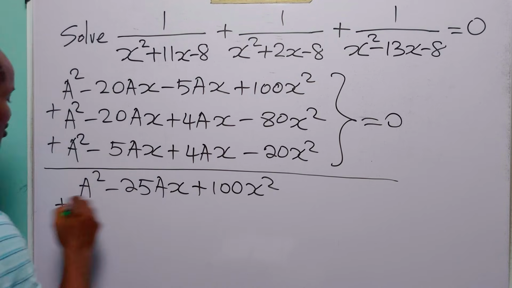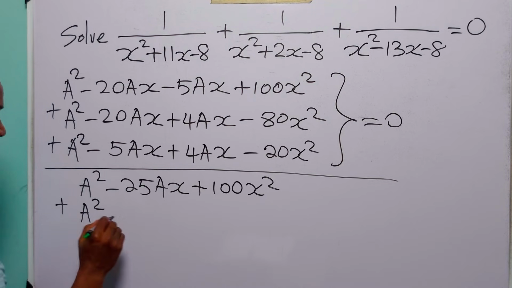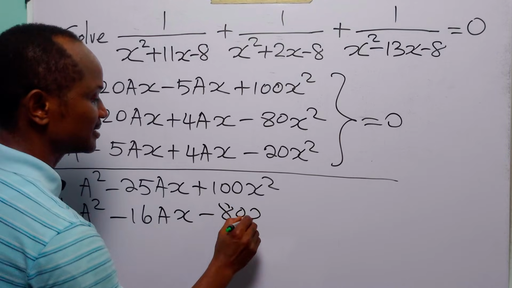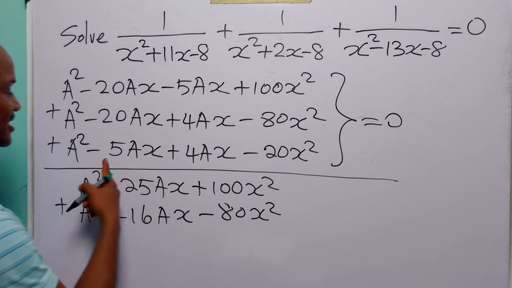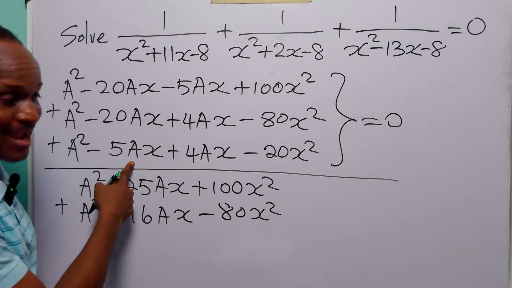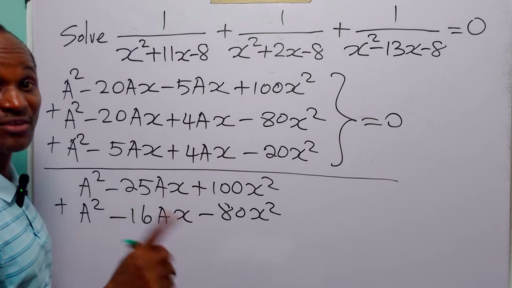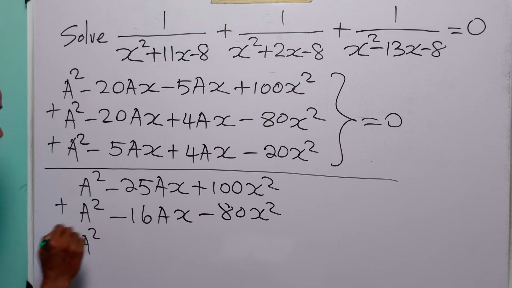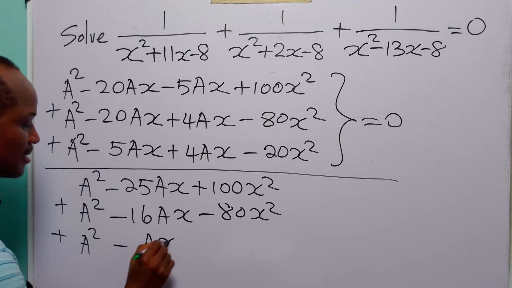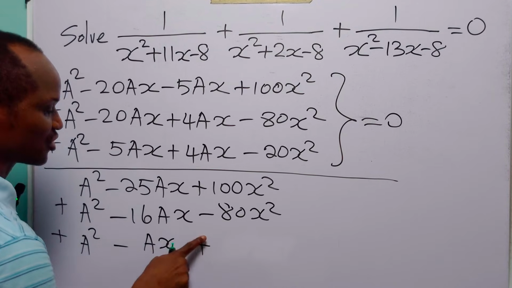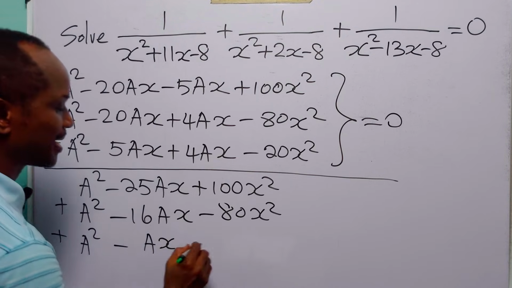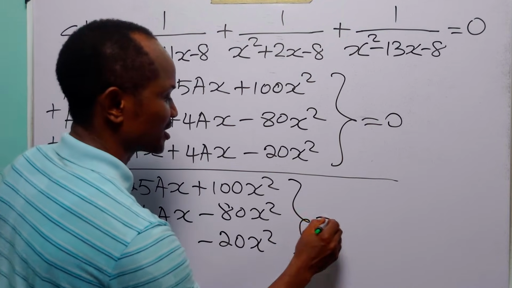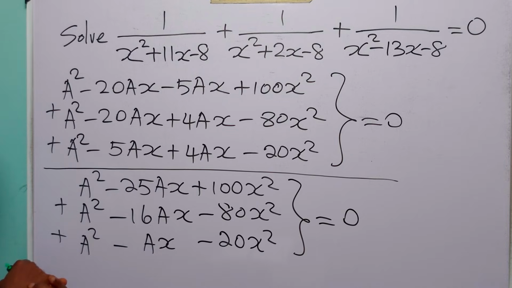So this second expression is a squared minus 16ax minus 80x squared. And the last expression, minus 5ax plus 4ax is going to give us minus ax. So this is a squared minus ax minus 20x squared. And of course, these three expressions are still equal to 0.